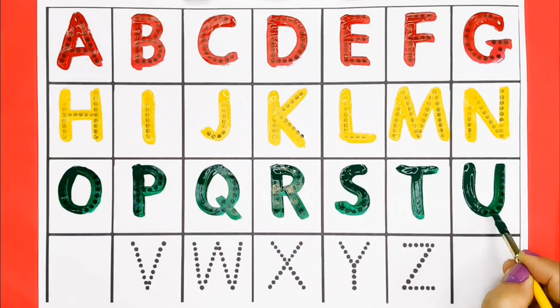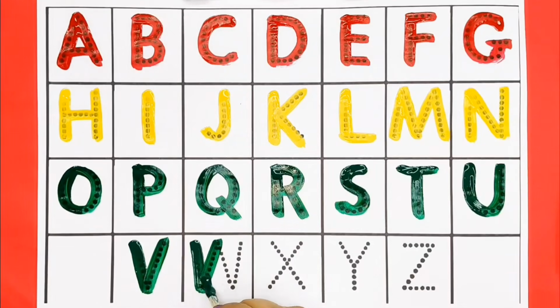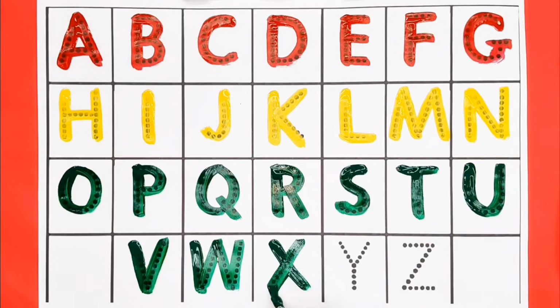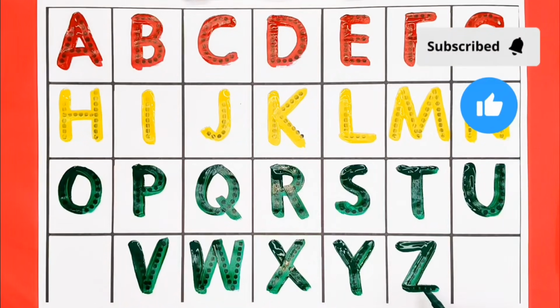U. U for umbrella. V. V for pan. W. W for watch. X. X for Xmas tree. Y. Y for yo-yo. Z. Z for zebra.